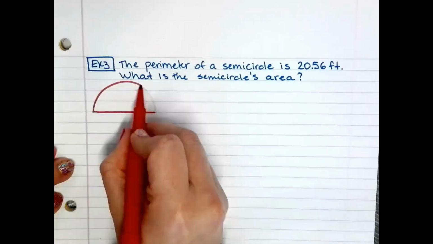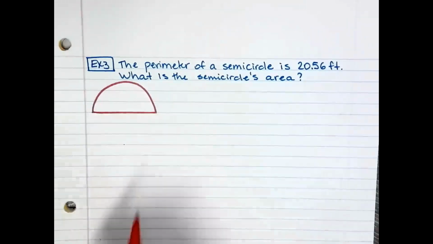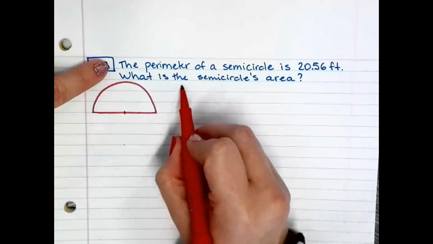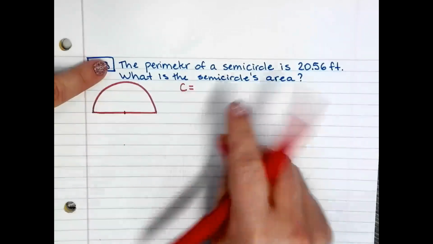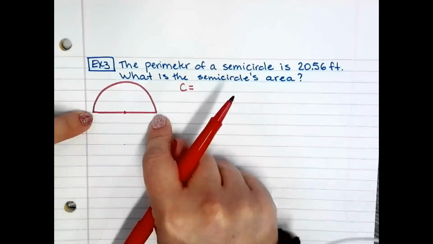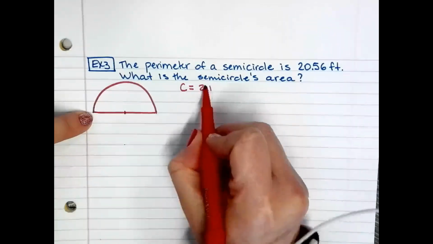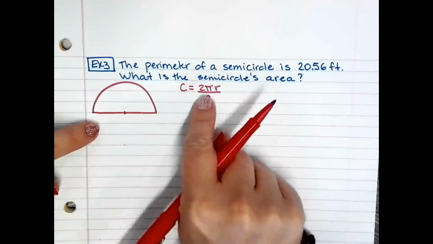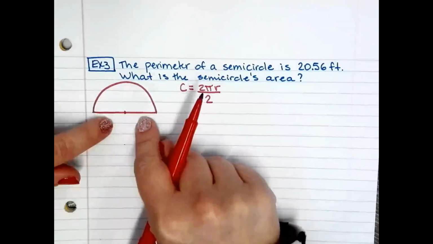So this is my semicircle right there. This is the center. So for the perimeter, I'm thinking about the circumference, but it's half of a circle. So whatever the circumference is from the formula, 2 pi r, I'm going to divide that by 2 because that's the formula for this semicircle.